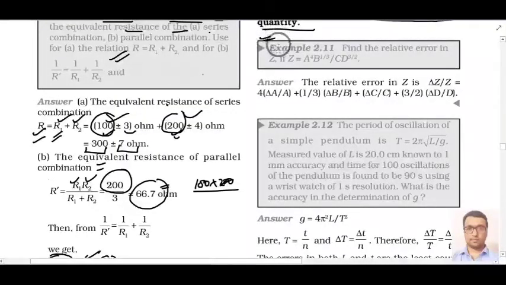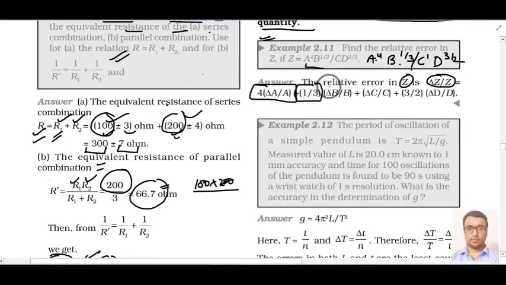For example, if we have any physical quantity like z equal to a raised to the power 4, b raised to the power 1 by 3 upon c raised to the power 1 and d raised to the power 3 by 2, then the relative error will be delta z by z equal to 4 times delta a by a plus 1 by 3 times delta b by b plus delta c by c, because we have one power only, plus 3 by 2 times delta d by d.